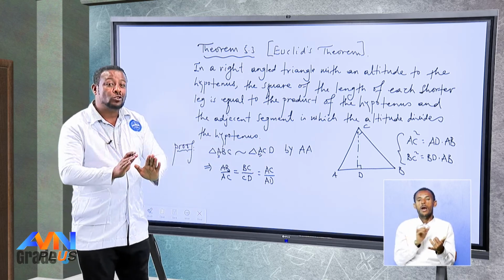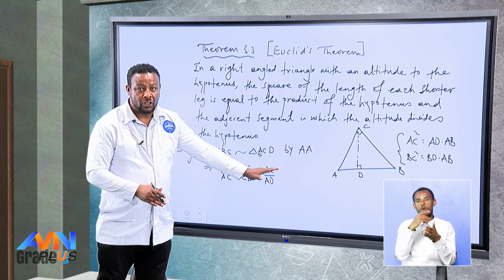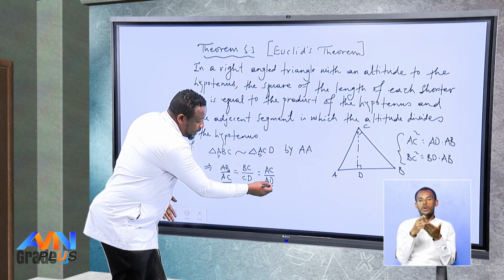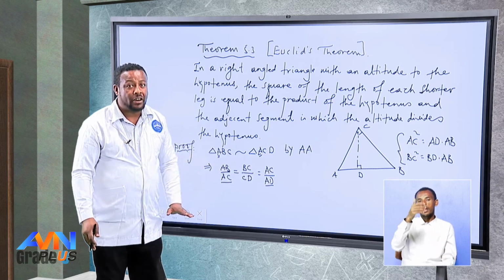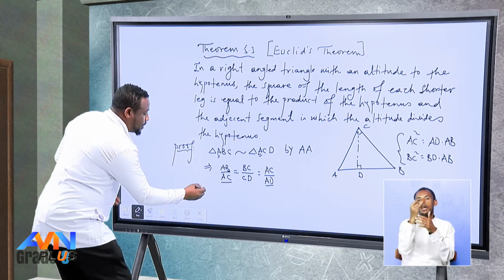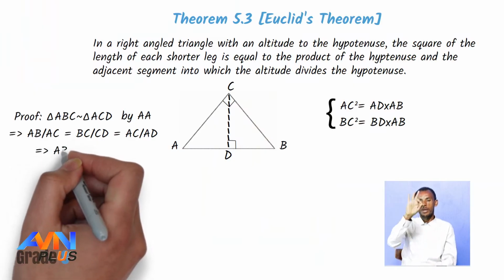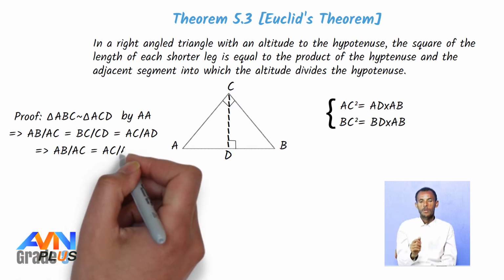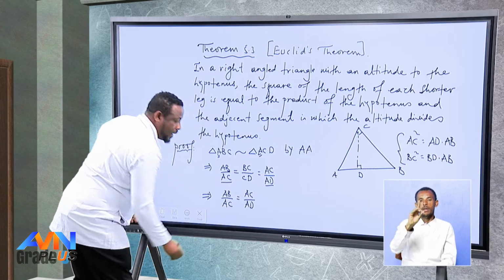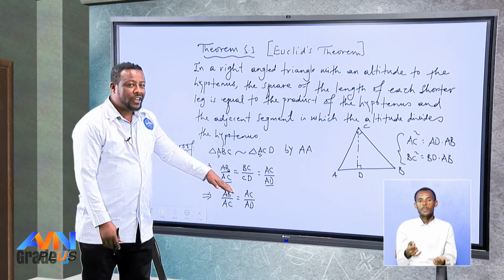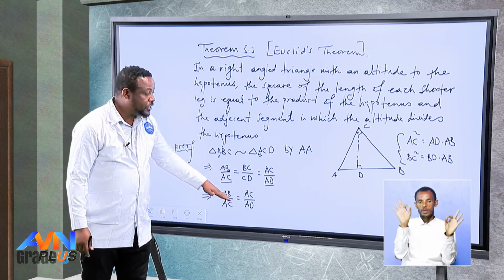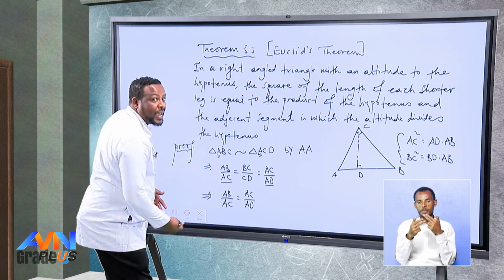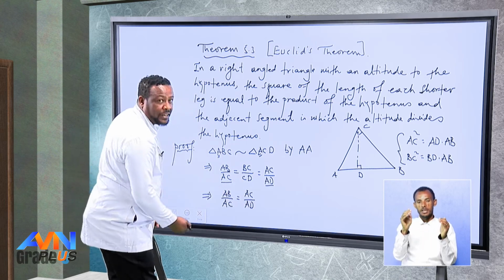Now, I need you to critically observe all these ratios. All these three are the same, so take the first and the third ratio. Then from this you obtain AB over AC is equal to AC over AD, right? Now take a crisscross. So AC times AC is the same as AB times AD, right?